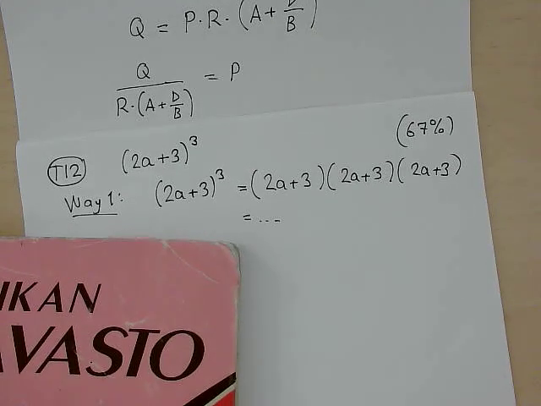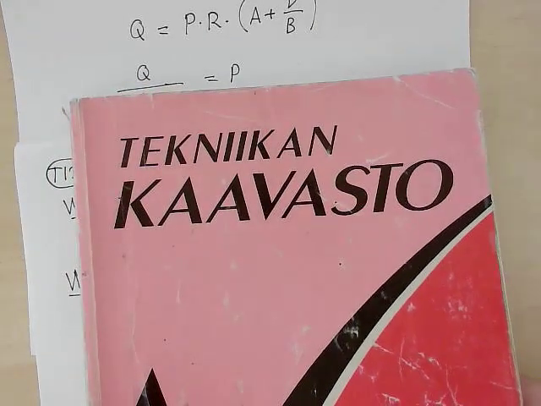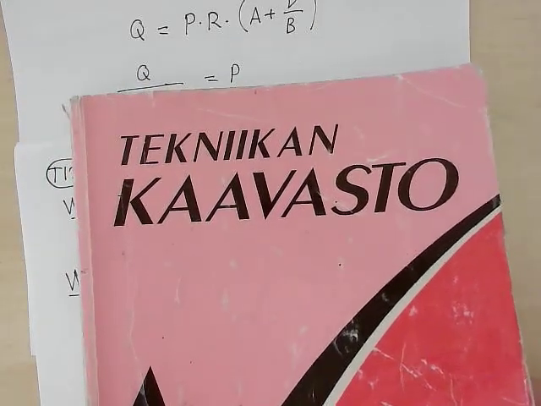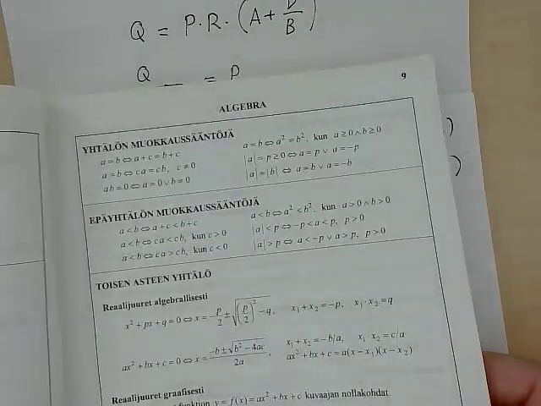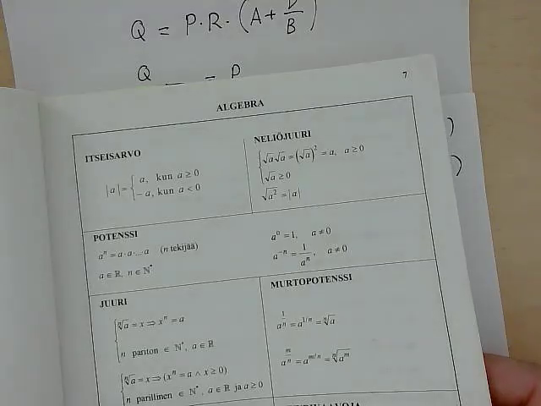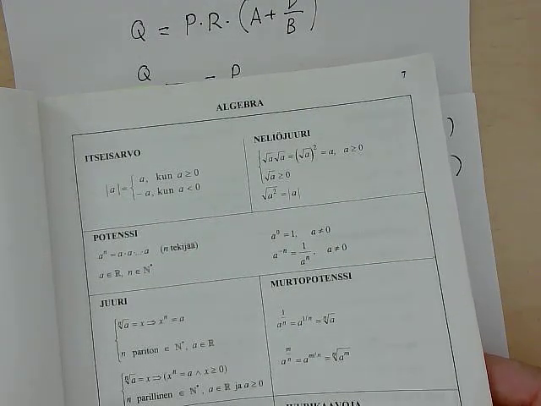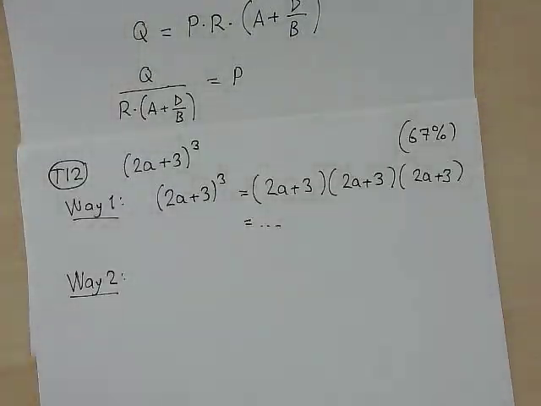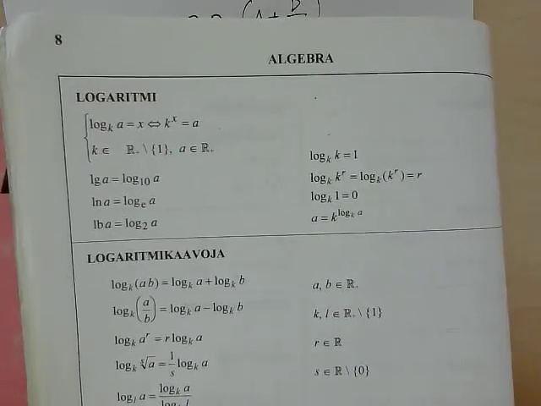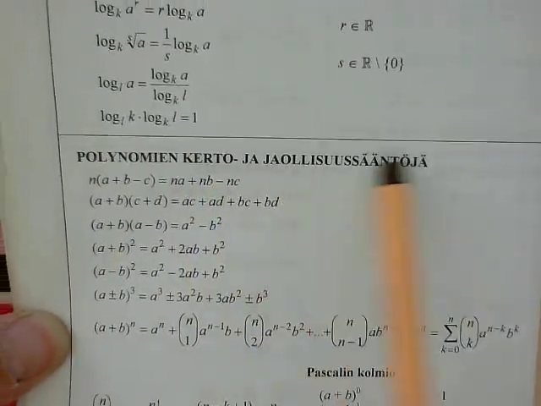By the way, I probably didn't say, I scanned some pages of this formula book to the Moodle. First 3 pages, if I remember correctly, 7, 8 and 9. Those pages tell most of the basic rules of algebra. And on page 9 in this book, which you can find from Moodle, there is this part: polynomien kerto- ja jaollisuussääntöjä.